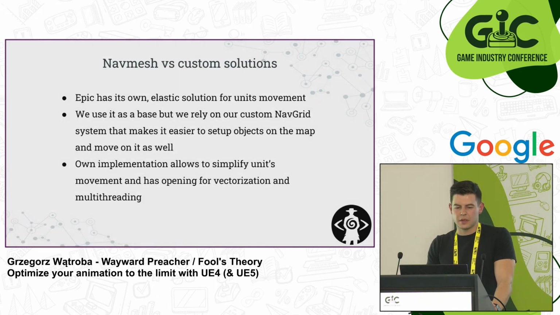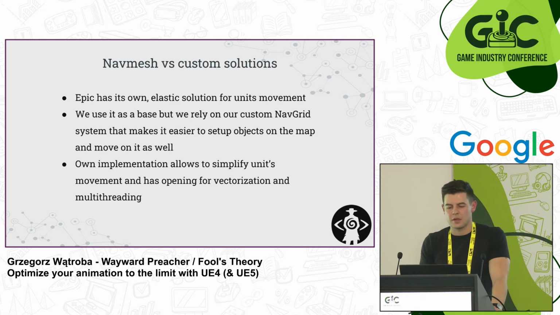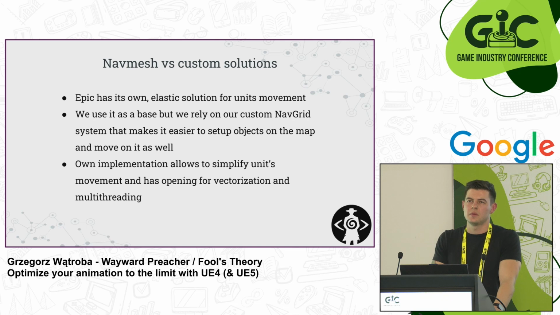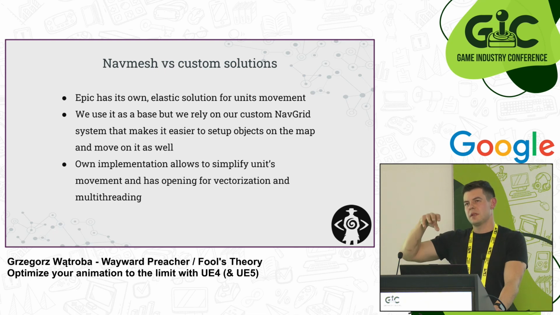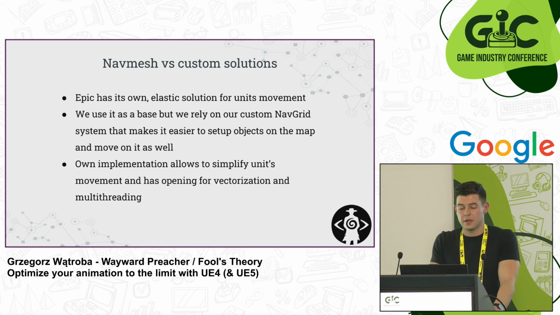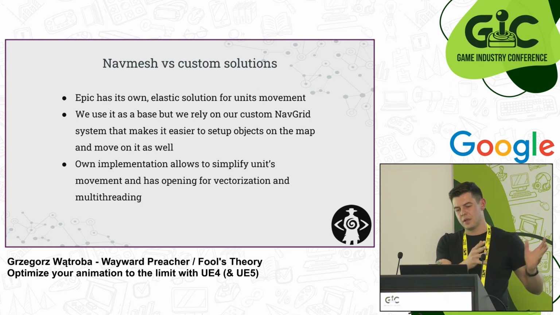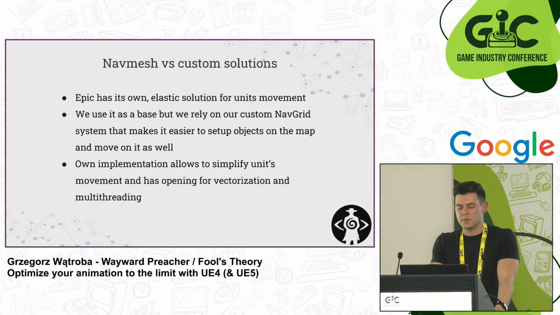Of course, the nav mesh is also used to some extent within our game, but we also have our own nav grid system which utilizes the nav mesh. Through that grid system we simplify the way the units move, and we can also simplify the way we set objects, because we can evenly spread out elements on the level.